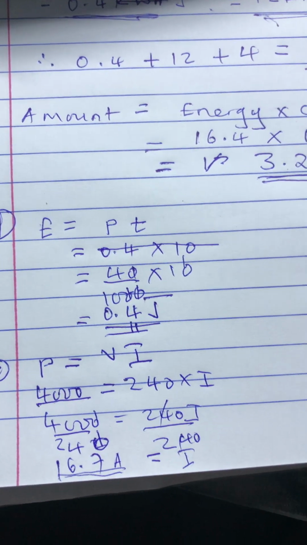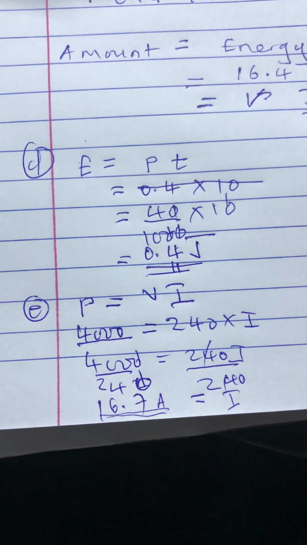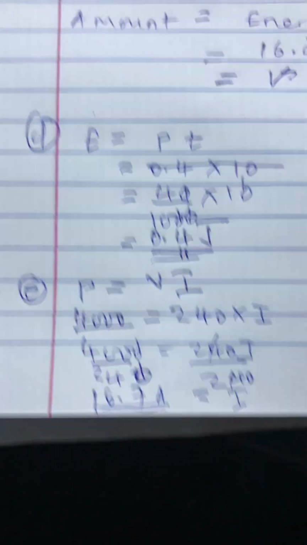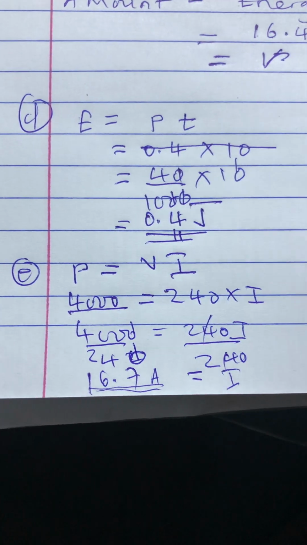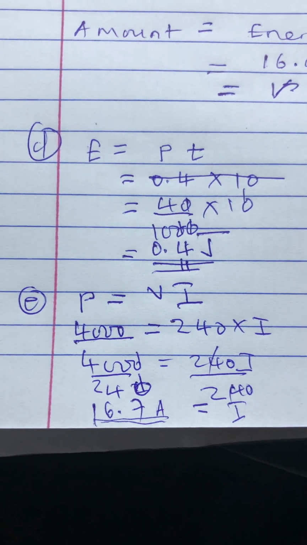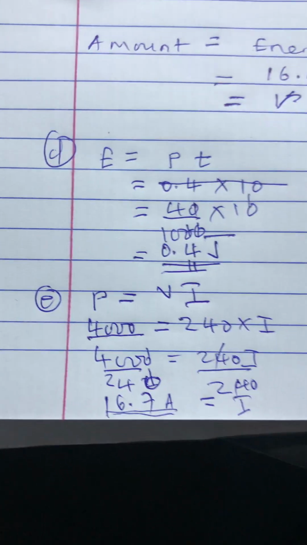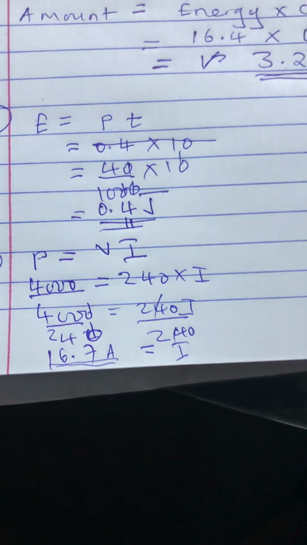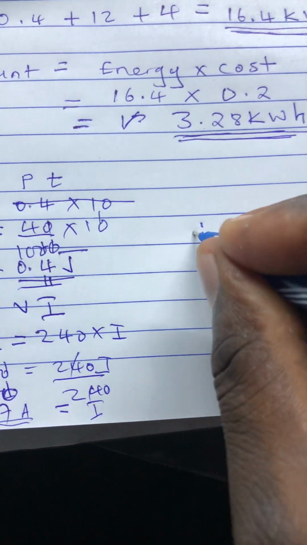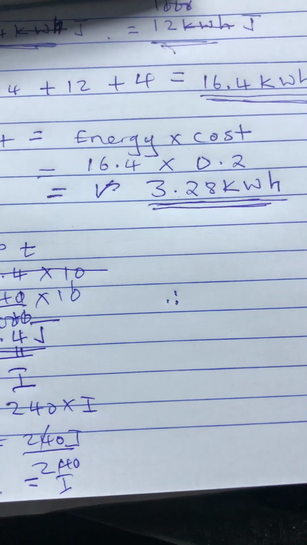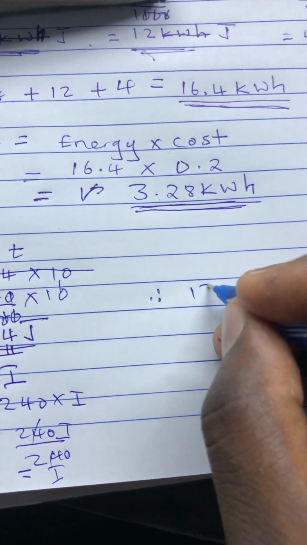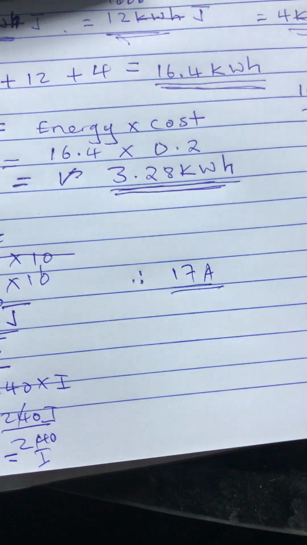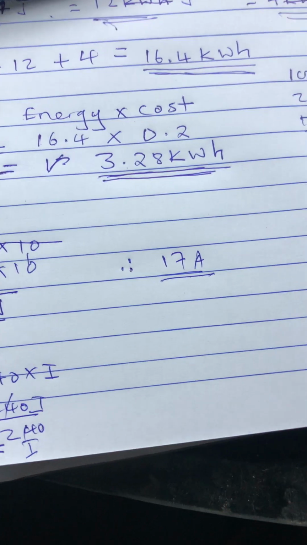Remember, if you want to set up a suitable fuse, the fuse should have a higher current rating than the usual current that is passing through it. So this is the current that is going to pass through the fuse. Therefore, the suitable fuse rating is going to be maybe 17 amps or 17.5 amps, but I choose to settle with 17 amps as a suitable fuse rating.